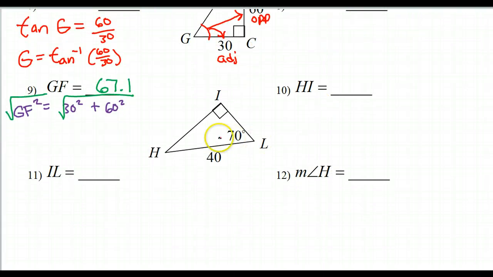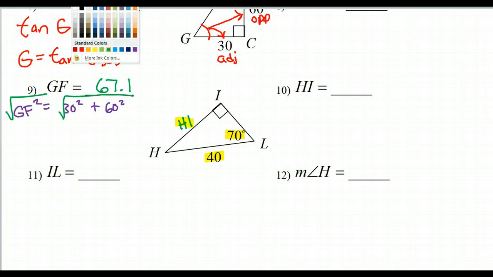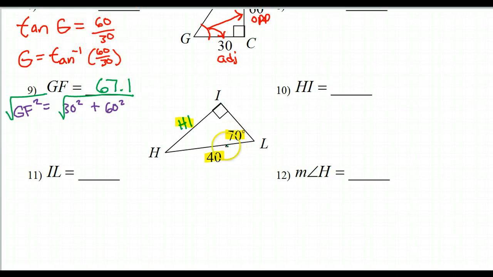Okay, new triangle, number 10. HI. Okay, HI is right here. Let's highlight that to make it clear. These are the 2 numbers we're given. This is the thing that we're trying to find. So looking at those 3 things, we ask ourselves, which trig function are we into?